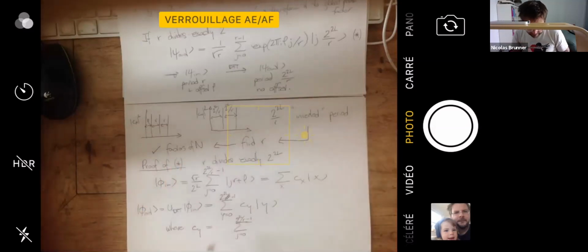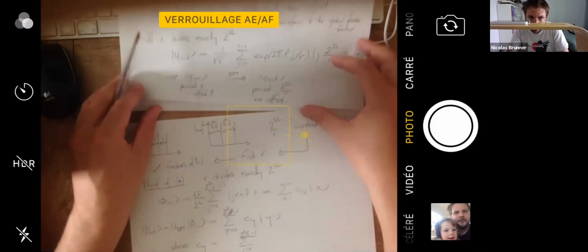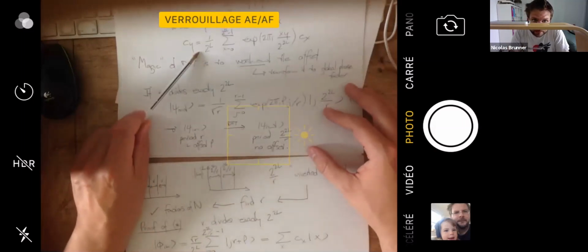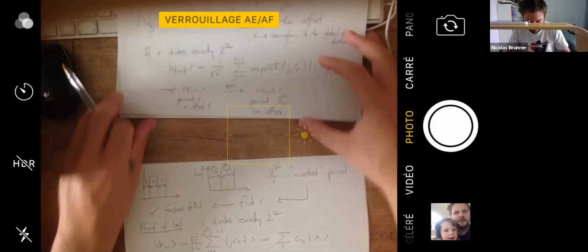Remember that in order to find the coefficients Cy, we apply this formula, the definition of the discrete Fourier transform.